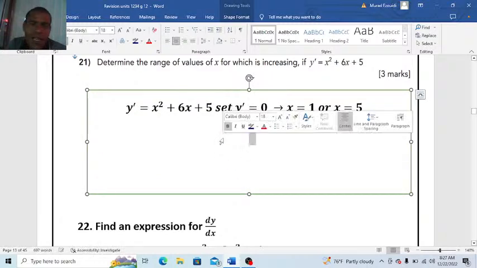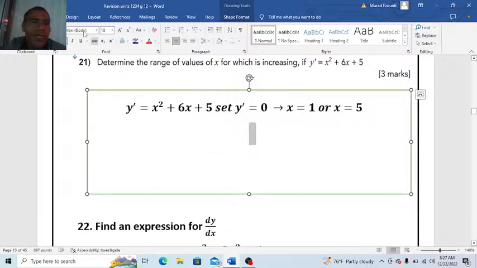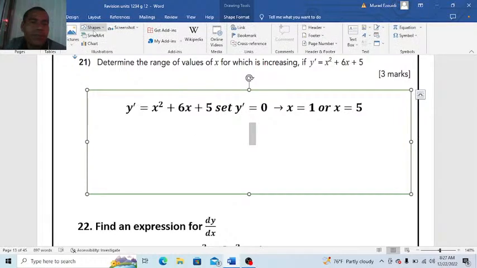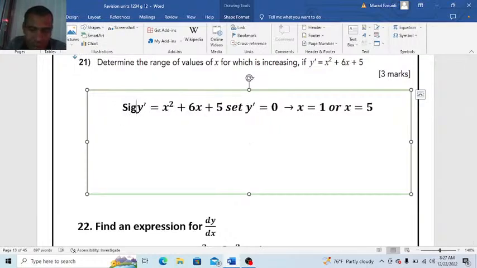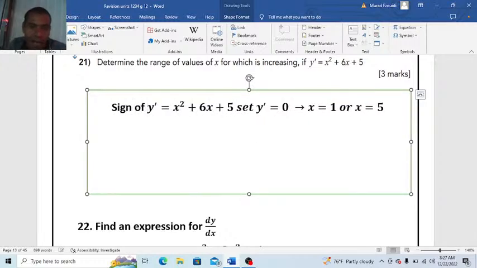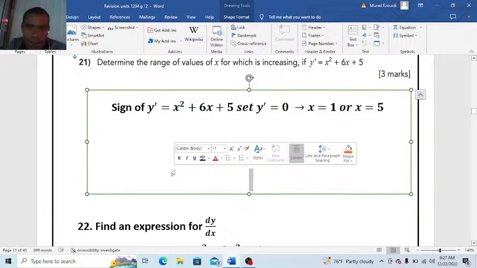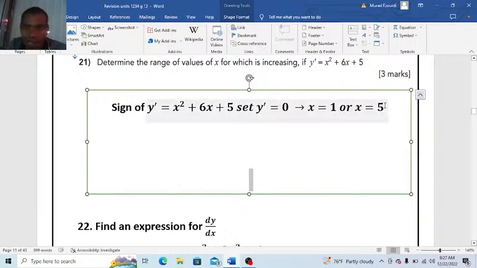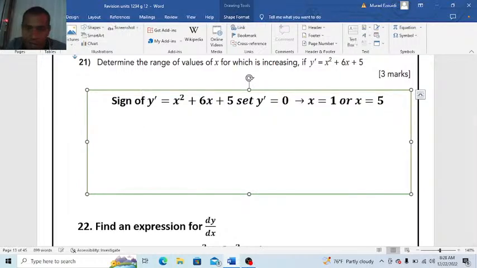I will insert a shape, and use the sign of y dash. Then I will use numbers. I will consider 0, then I will consider 2, for example, then I will consider 6. These are the numbers that I'm going to consider.